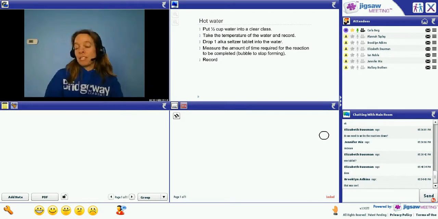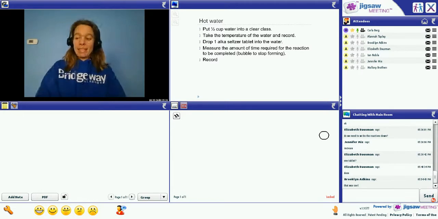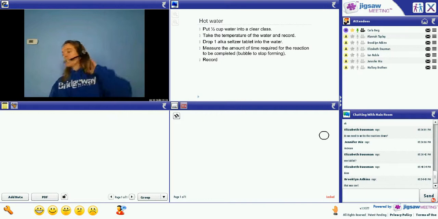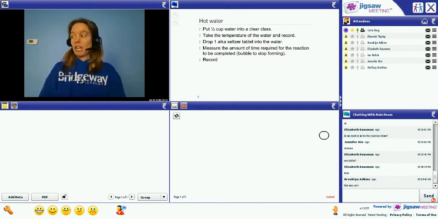But maybe it's not what happened in Shelby's lab for whatever reason. Shelby has her data so she can back up her information. So that is what should have happened. As the water temperature increased, the rate of the reaction should have increased. So great job if those were the results you got.